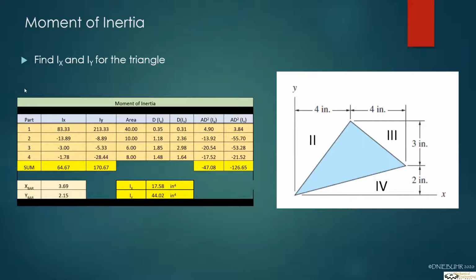For example, part 1 is simply one big rectangle, so it's just 1/12 BH cubed. And then you just change the base and the height depending on the orientation. And then the rest of these Ix's, they're all going to be negative. And so what I do is I go ahead and I put that in, and actually, let me see.